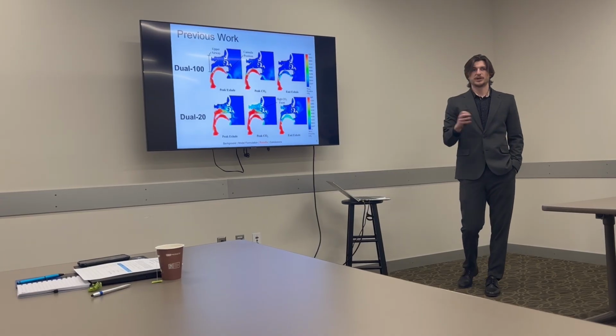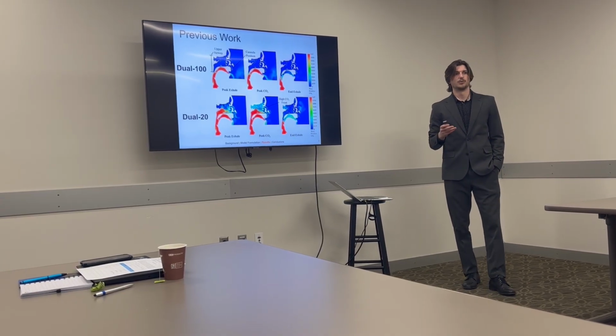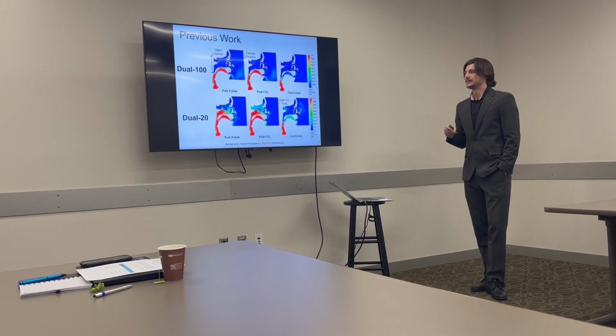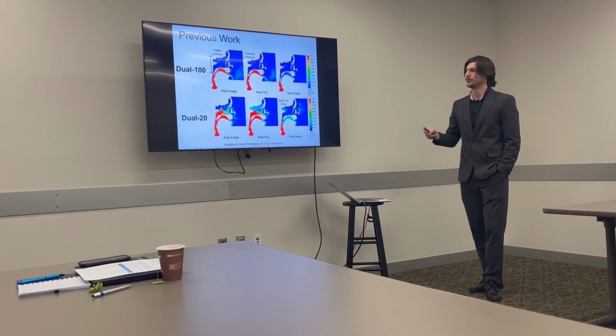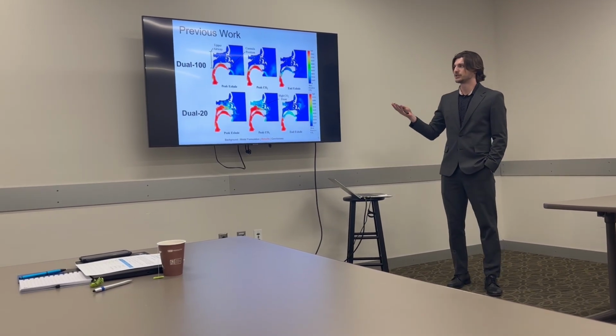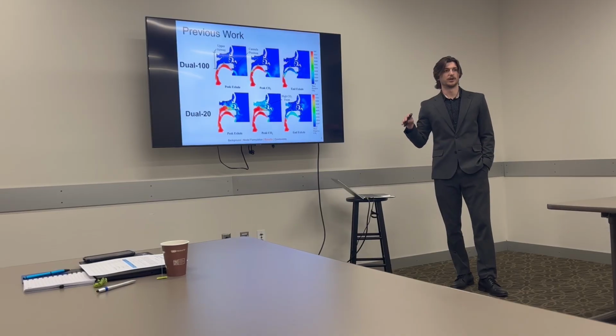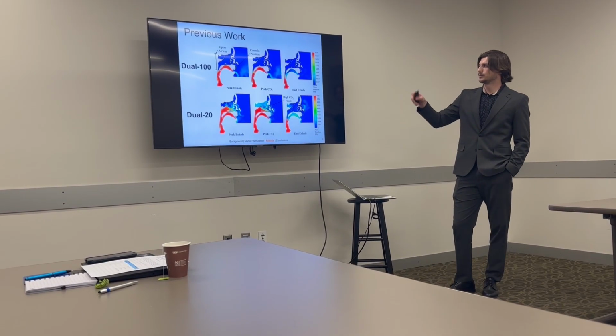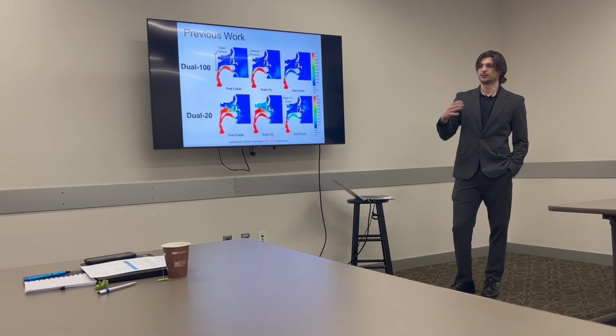Now, just a quick summary of some of our previous work. Previously we were looking at all dual prong cannula geometries at different mouth open percentages. The top row is dual 100, so that's a dual prong geometry with 100% mouth opening. Bottom row is dual 20, so we have a 20% mouth opening there. What you're seeing here is contours collected at three important timestamps.